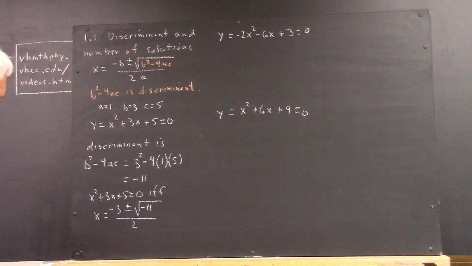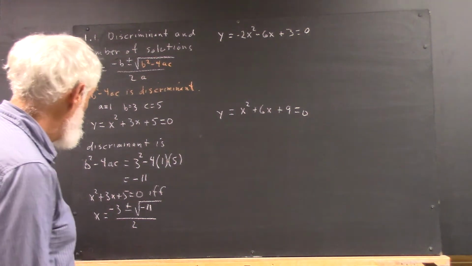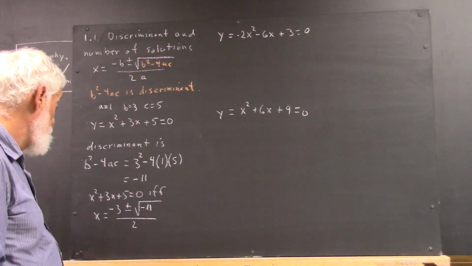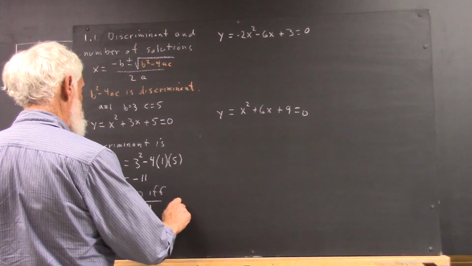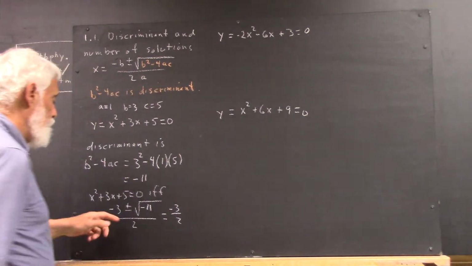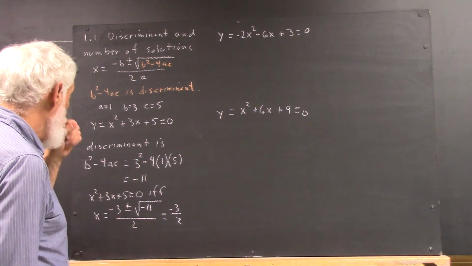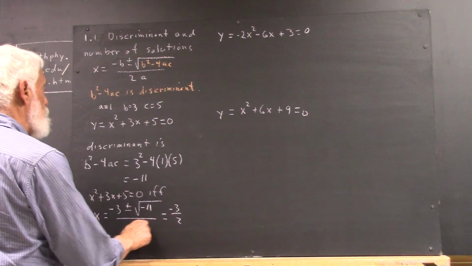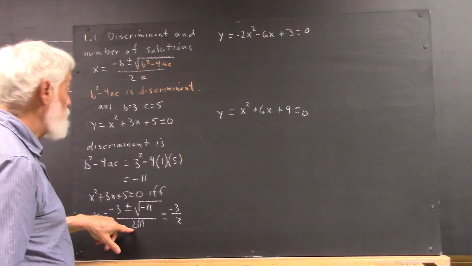Now we didn't really need to write the negative 3 or the 2 in to see that the square root of negative 11 is an imaginary number. We could write this as negative 3 over 2, because dividing by 2 distributes. It's supposed to be 2a, so it's 2 times 1. Let's be explicit about why we got the 2 there.